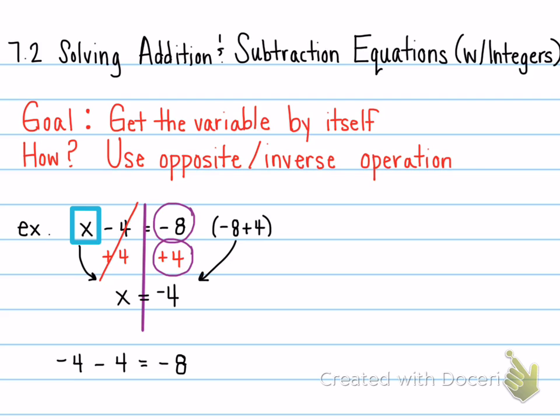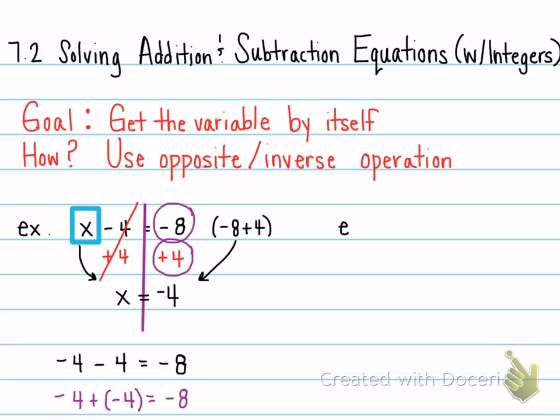Or you could change the problem, -4 plus -4, and that does equal -8. It will make your life a little bit easier if you start to look at those numbers as separate terms. Then you're really only using the rules for addition all the time. Okay, let's look at another one.